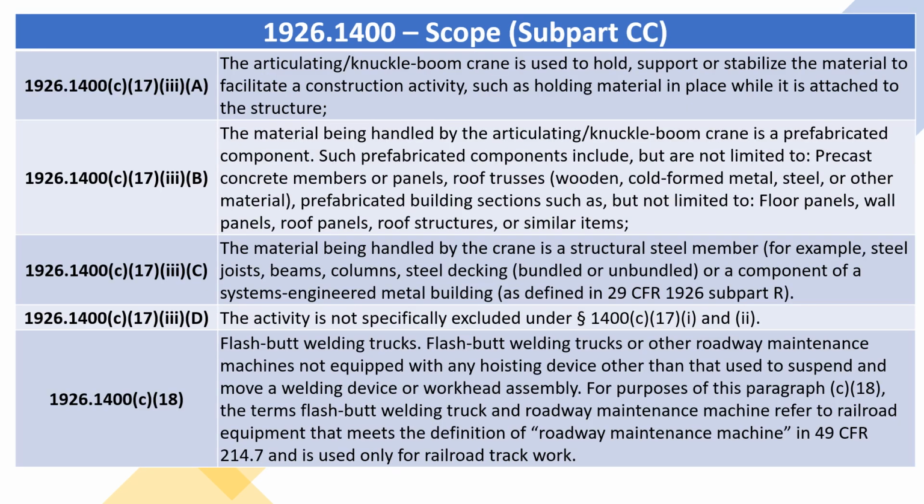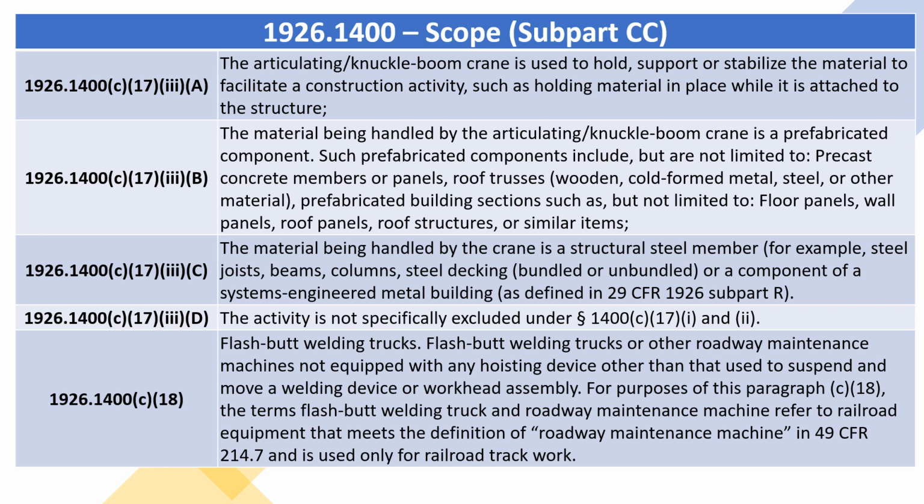1926.1400(c)(17)(iii)(A) through (D): the articulating/knuckle boom crane is used to hold, support or stabilize the material to facilitate a construction activity, such as holding material in place while it is attached to the structure; the material being handled by the articulating/knuckle boom crane is a prefabricated component.